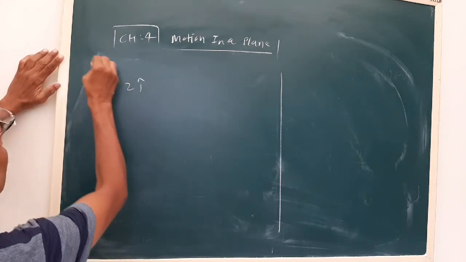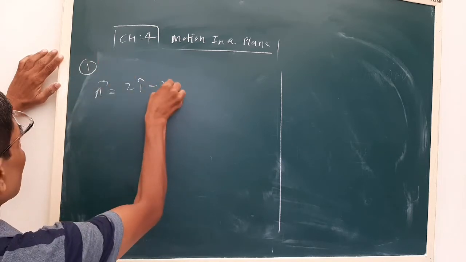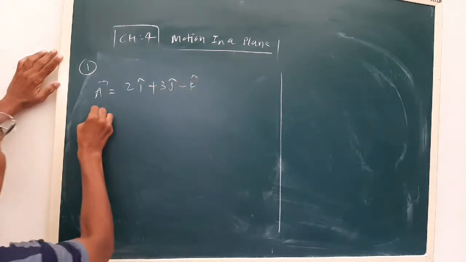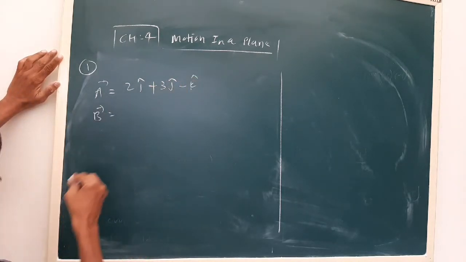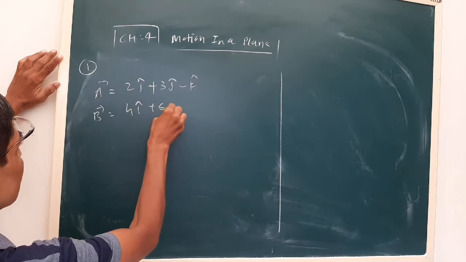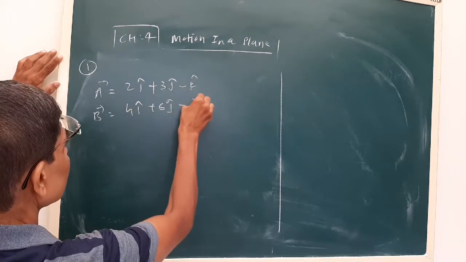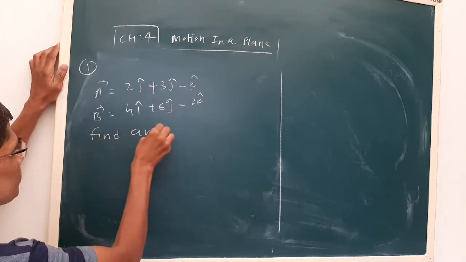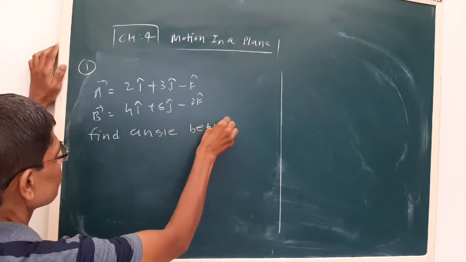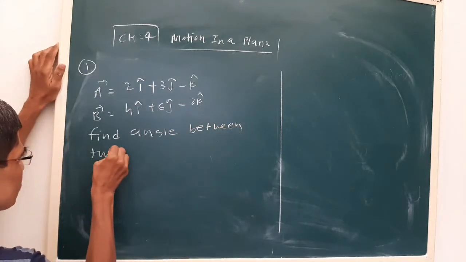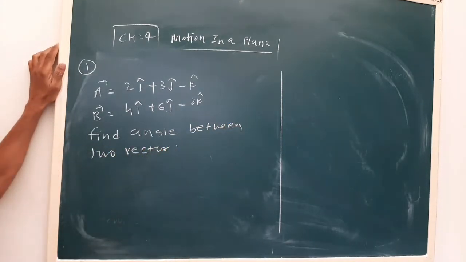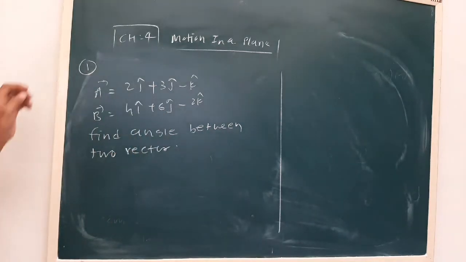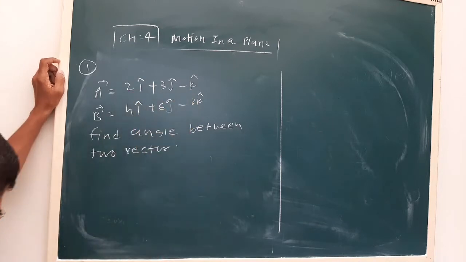2i plus 3j minus k, and B is 4i plus 6j minus 2k. Find out the relation. Now there are different methods. What we see here is 2i plus 3j minus k.